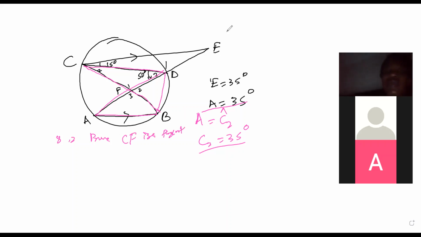Okay, let's look, where's CF? Oh, CF is here. They want us to prove that CF is a tangent to which circle? Let me go back to the question paper and see.